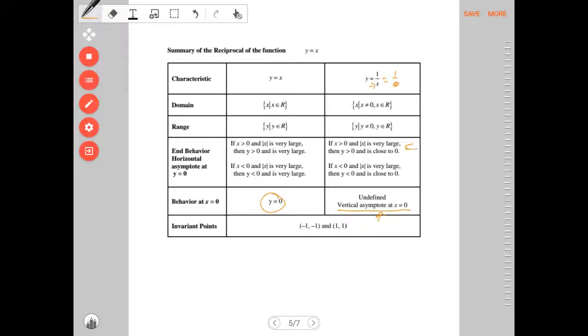That's why there's a vertical asymptote there. And the invariant points always happen when the y values are either 1 or negative 1. If y is negative 1, that has to equal x, so x equals negative 1. If y is positive 1, that equals x, so x is positive 1.